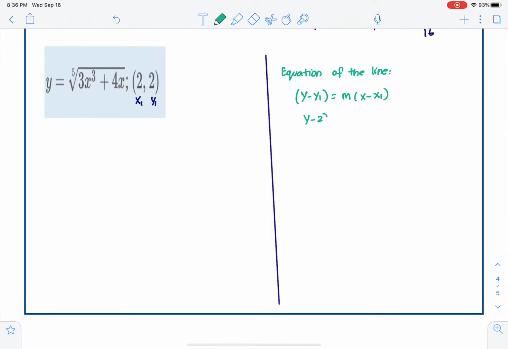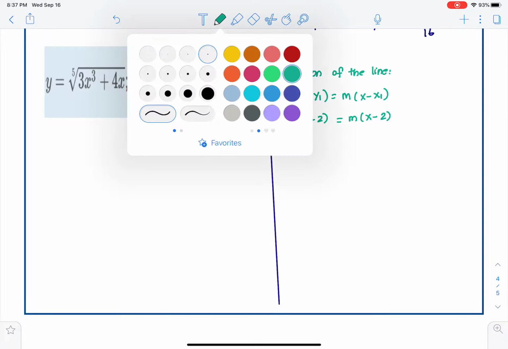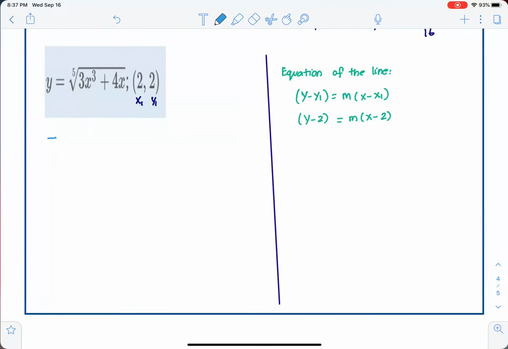We have y1, we have x1. We simply have to find the slope m. To do that, we have to find the derivative.